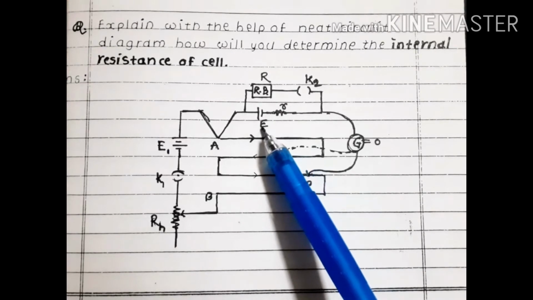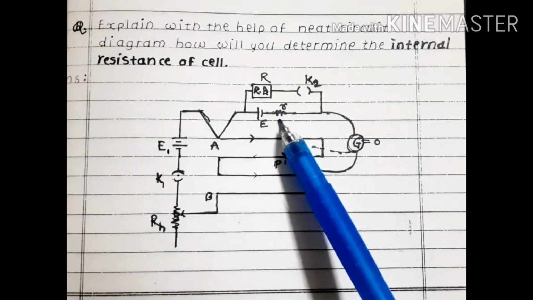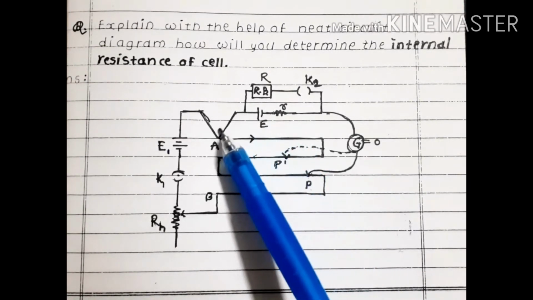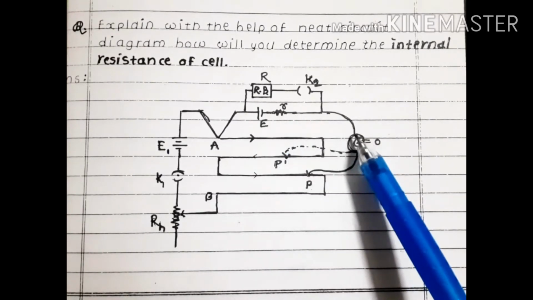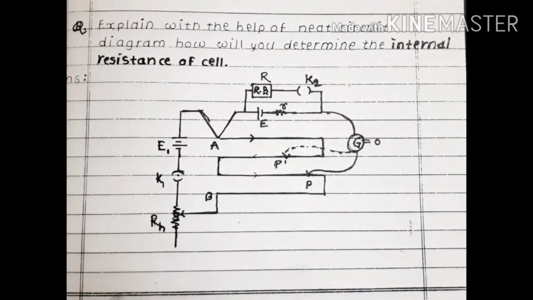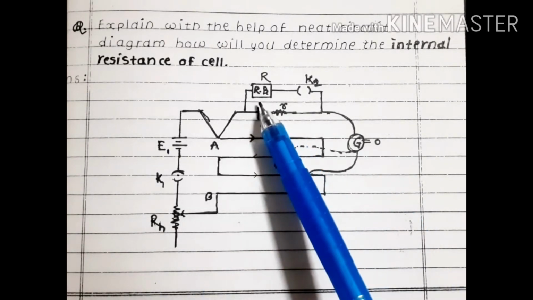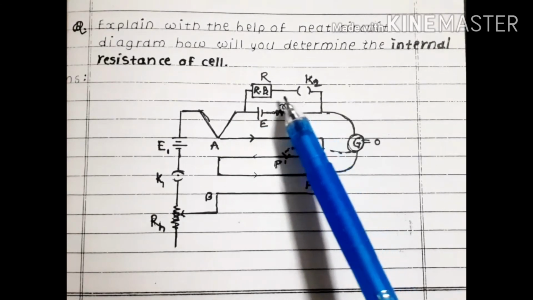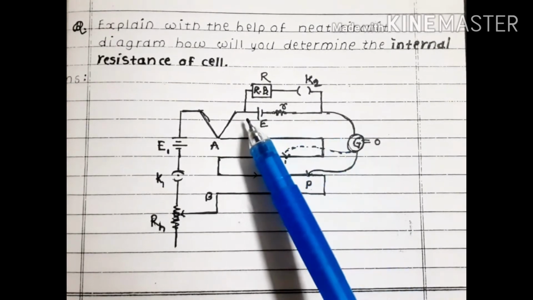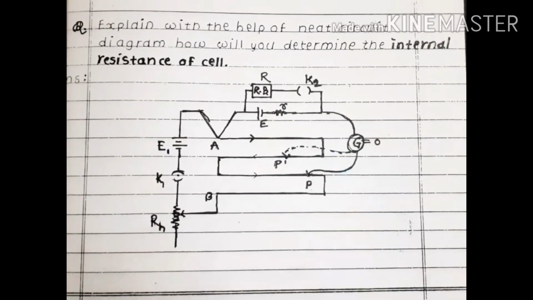A cell whose internal resistance is to be determined has its positive terminal connected to point A and negative terminal connected to the jockey through a galvanometer. A resistance box and plug key K2 are connected in series across this cell.